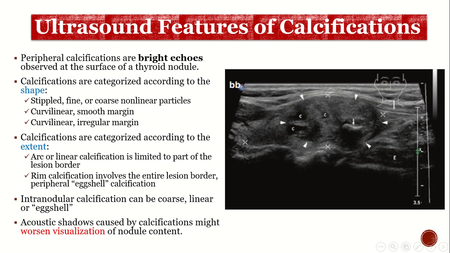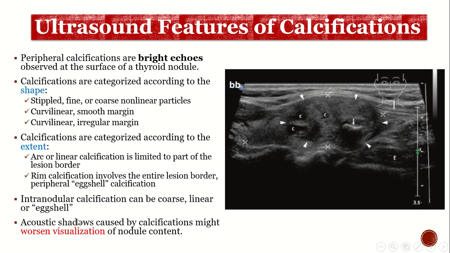Or they may be categorized according to extent, such as linear or arc classifications. Also, rim calcifications involve the entire lesion border, known as eggshell calcifications, which in most cases are a sign of benignity.